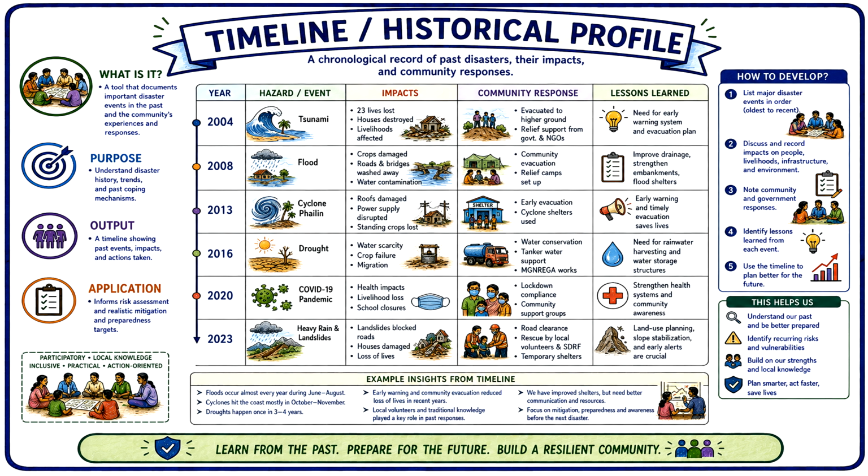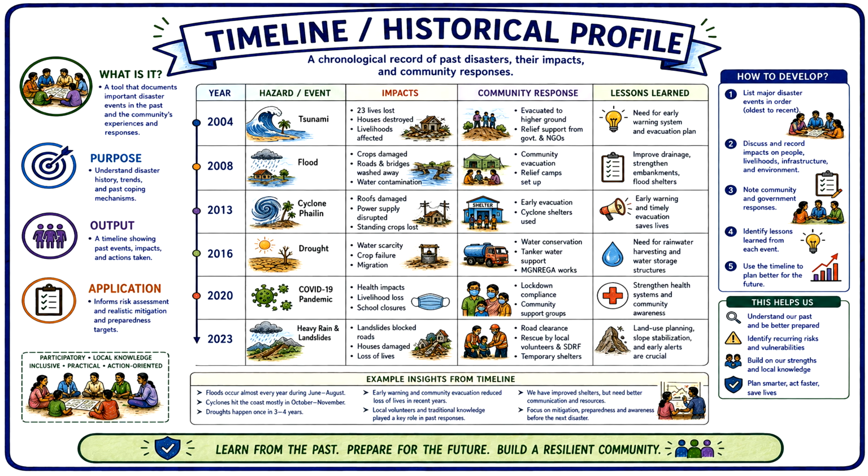Timeline or historical profile. Timeline is a participatory tool that records major disasters and significant events experienced by a community in chronological order.